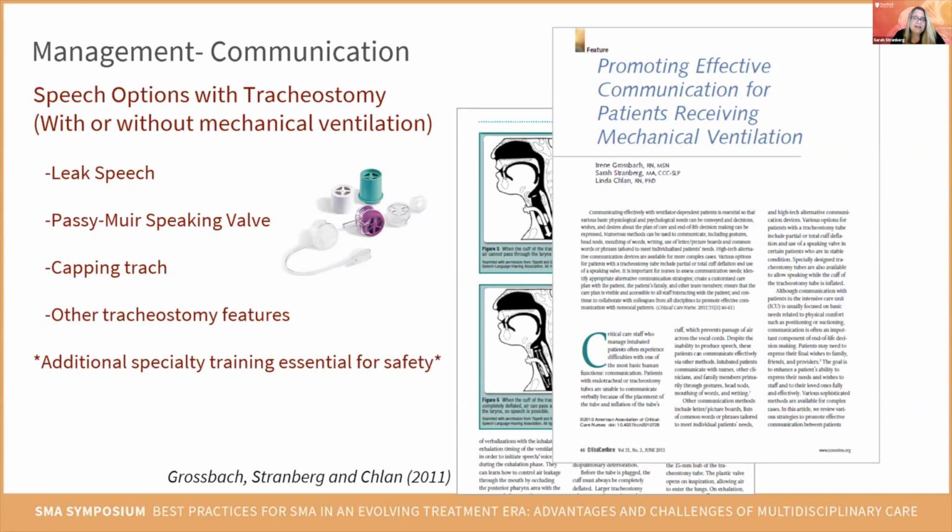Just to highlight some of the options for communicating orally with a tracheostomy would be using leak speech, where you're talking around the tracheostomy tube with a deflated cuff or a cuffless tracheostomy. There are the Passy-Muir speaking valves that can be quite helpful for patients who do not use mechanical ventilation. They can also be used with mechanical ventilation, but there the safety concerns start to escalate, and so you really need to do that with high safety standards.